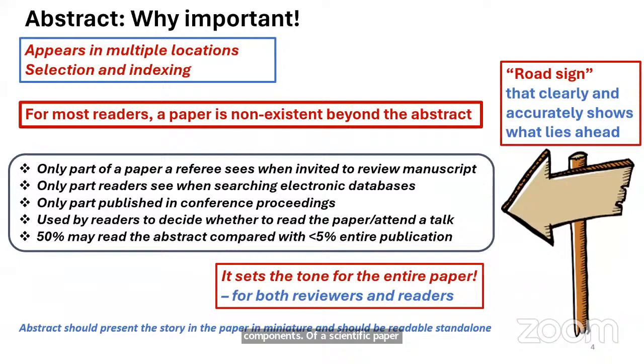Why is an abstract important? I must say that even though the abstract, from the structure of a scientific paper, will be the first part, it will be the section that one would usually write last. And maybe I may say one or two words on this in this presentation. Important is an abstract because unlike the entire paper, the abstract will appear in several locations. It will appear in indexing databases.